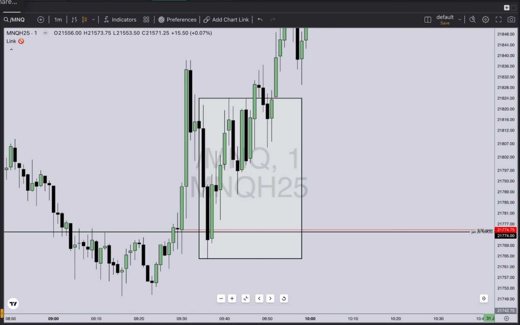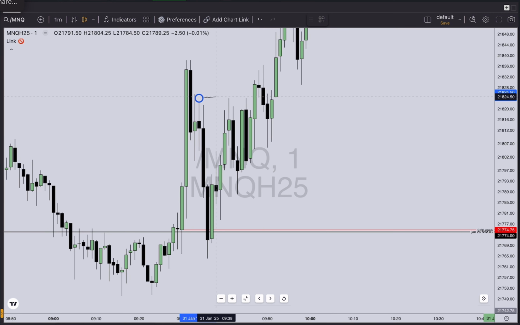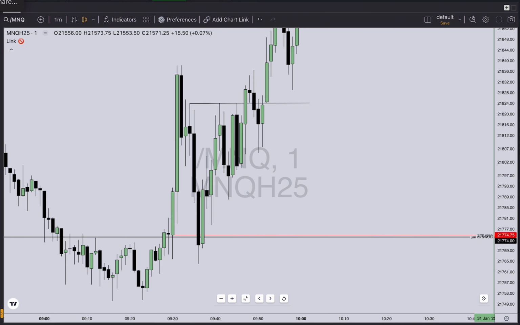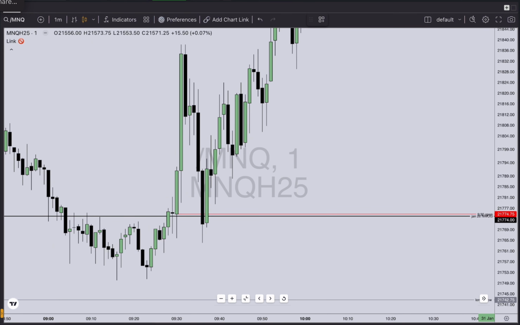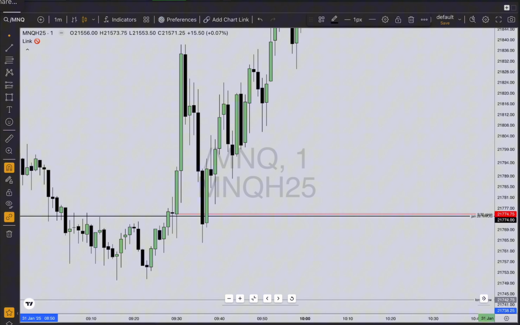Let me mark that out. As soon as we close above the highest one, when we closed here, on this candle right here, that is when we consider this whole thing to be an order block. But before it closed, at one point, we had, let me show you guys.